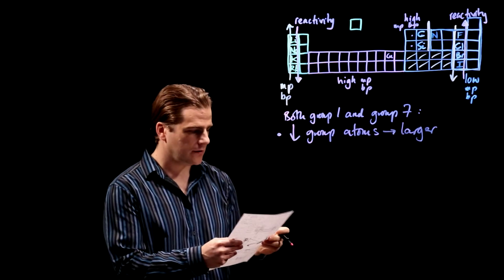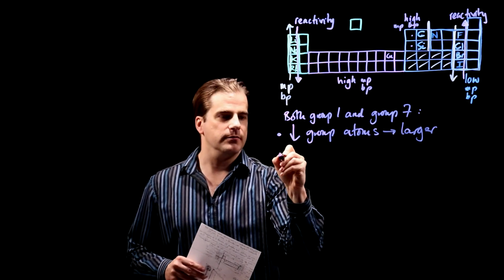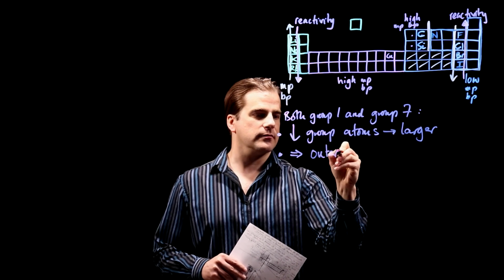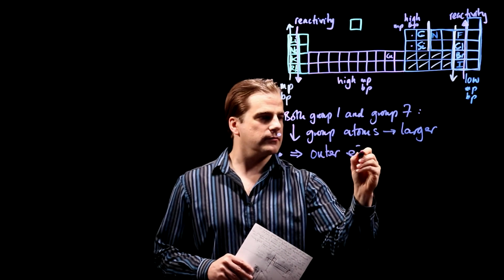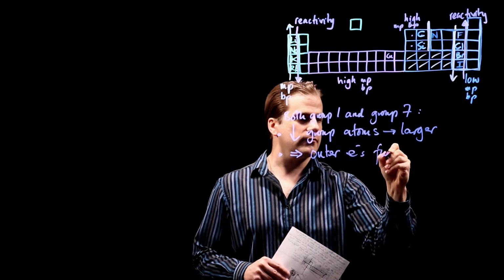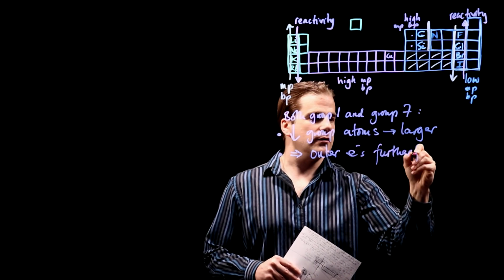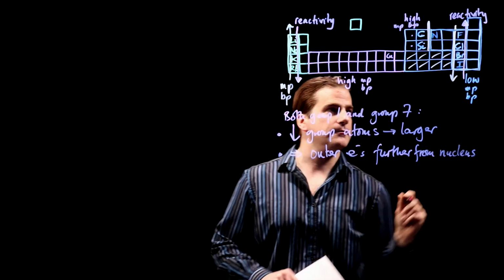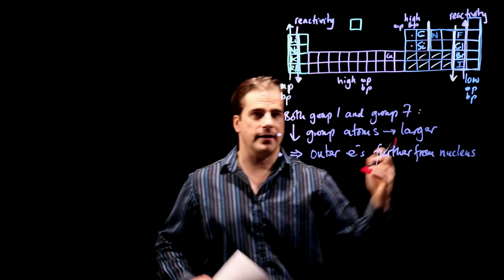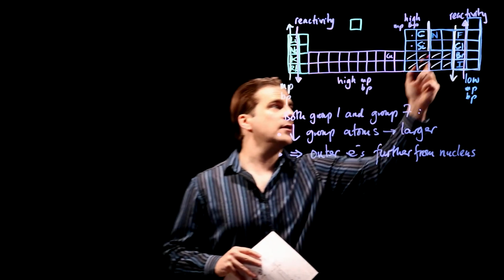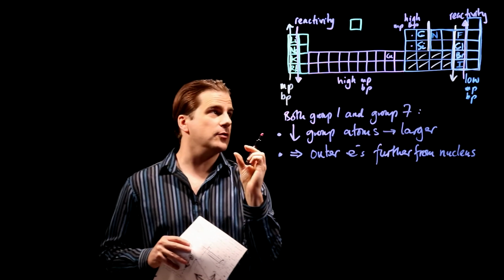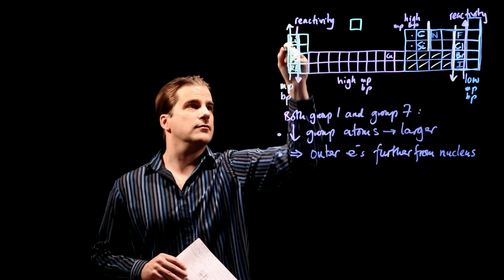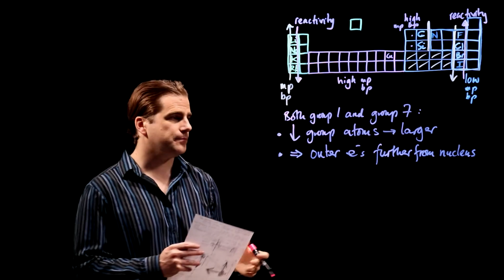Okay? And therefore, the outer shell electrons get further from the nucleus. Okay? So iodine is a much larger atom than fluorine. Fluorine's relatively small and they get bigger as they go down. Same here, as you go down, rubidium is a bigger atom than lithium.